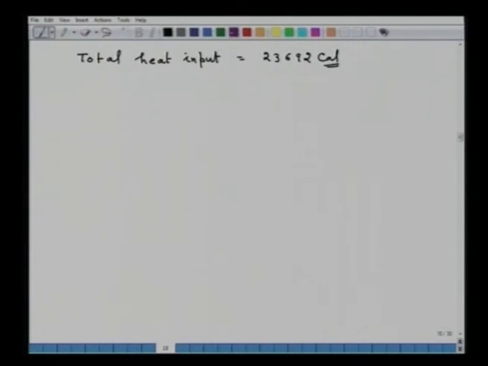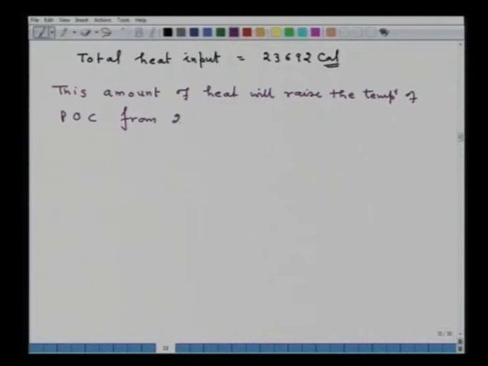Now this amount of heat will raise the temperature of POC from 25 degrees Celsius or 298 Kelvin to TF, either in degree C or in Kelvin.